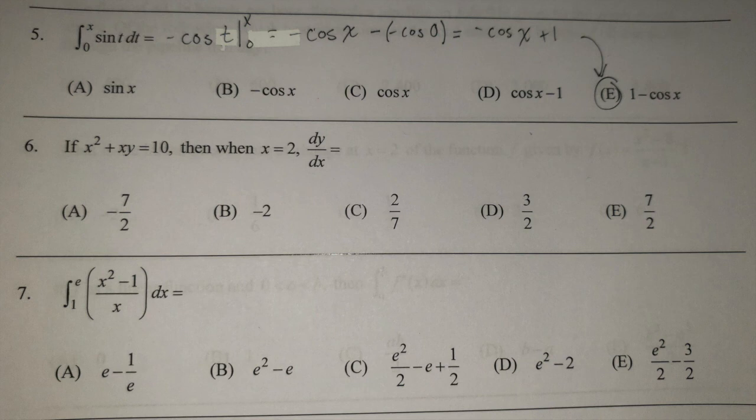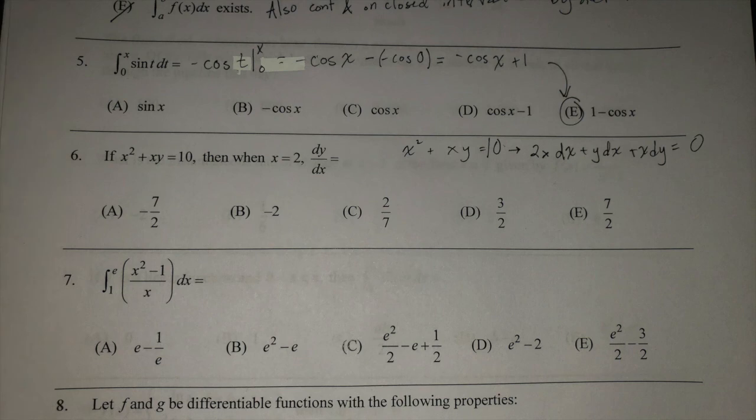All right, for 6, we are given x squared plus xy equals 10, and the value that x equals 2, we need the derivative. So we're going to take the derivative of each individual term. As we take the derivative of each individual term, we need to make sure that we're taking the derivative of terms with respect to both variables, so that xy, we need to take the derivative with respect to x and derivative with respect to y.